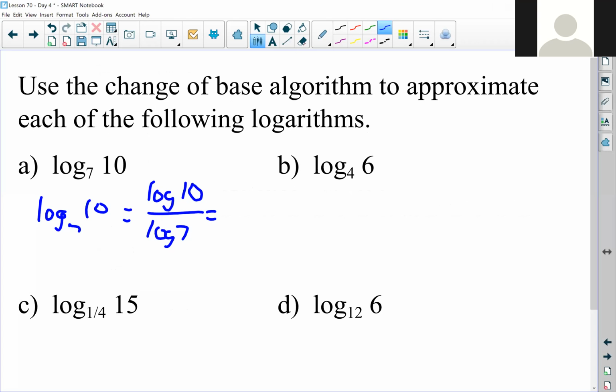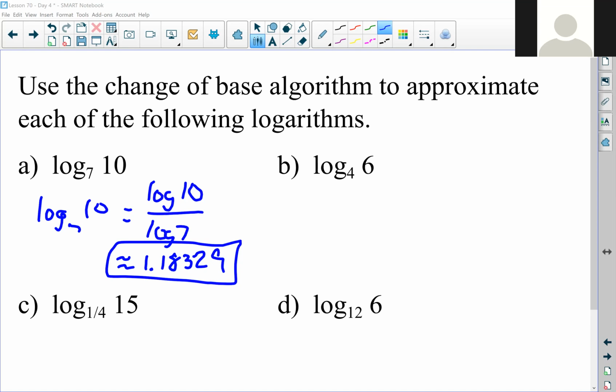So I'm going to change this. And then just to show it doesn't matter, you could use the ln as well. ln 10, make sure you close parentheses if your calculator puts them in.